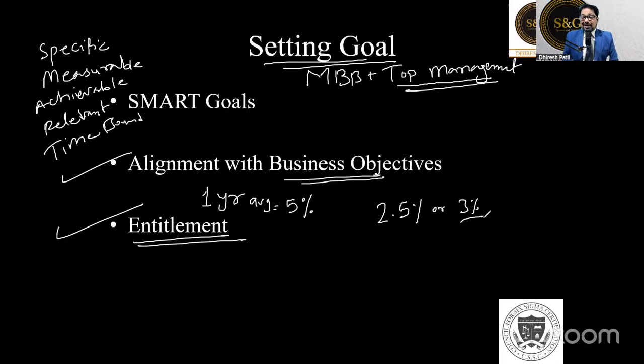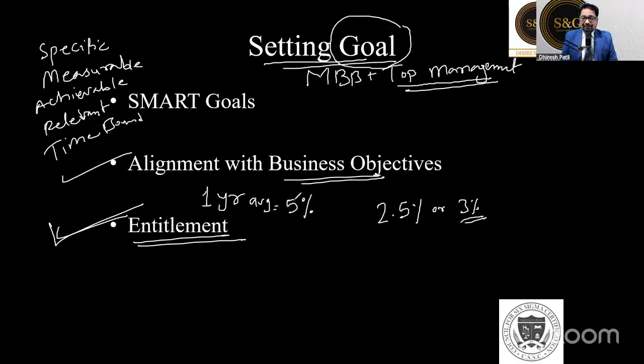So this is our best performance. Whatever best performance we have during the data period, that is the baseline, and that is called entitlement, and that can be considered as the initial goal. We can set that up as a goal.